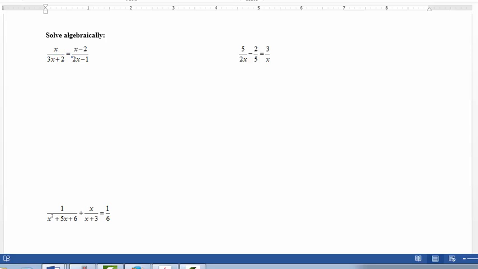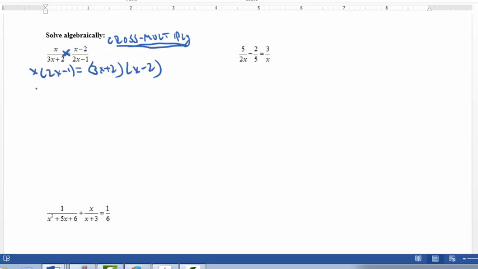One rational expression equal another rational expression. So whenever you have a scenario like this where it's just fraction equal fraction, all you have to really do with this is cross multiply. Now this is the only case that this applies in, right? If you just have a single fraction equal a single fraction, but here that's what we have, so you can just cross multiply. So you'd have x times 2x minus 1 equals 3x plus 2 times x minus 2.